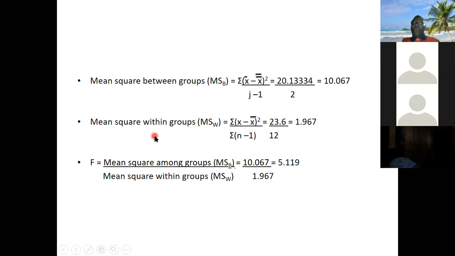The mean square within, which is the variance within, is the summation of x minus x bar squared, all over the summation of the degrees of freedom for the three of them. That's what gives us this. So the F ratio will be this formula over this formula. That is the F ratio. If you understand, even if you have to write it down, you can write it down. Once you understand the logic, you'll be able to even write the formula down.